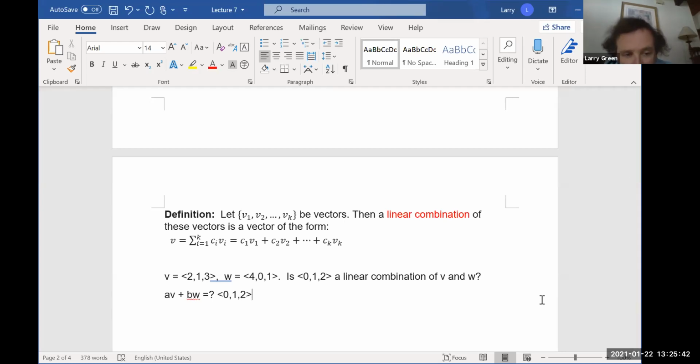And I can continue and now plug in all the numbers. So we can say that A times (2, 1, 3) plus B times (4, 0, 1), and the question is, is that equal to (0, 1, 2)?